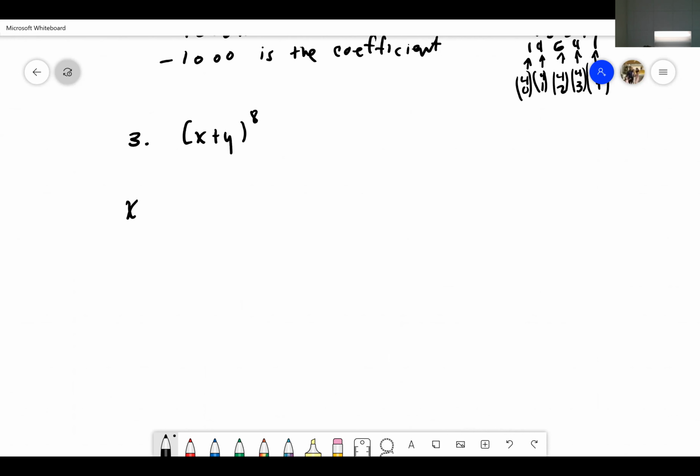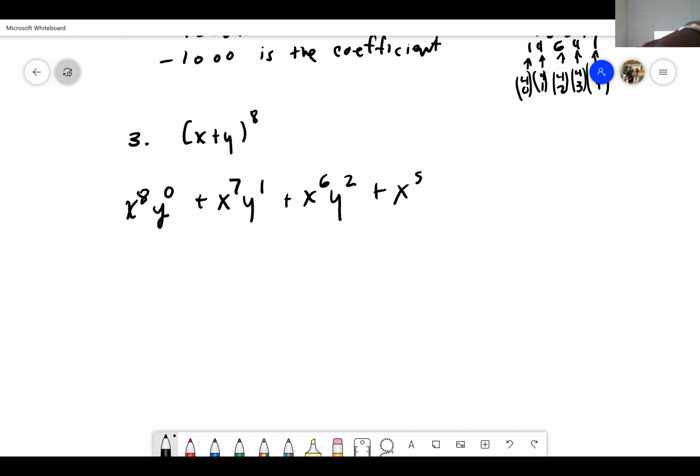So you know you're going to have this. You're going to have x to the 8th y to the 0 plus x to the 7th y to the 1. You know this is going to happen for sure.